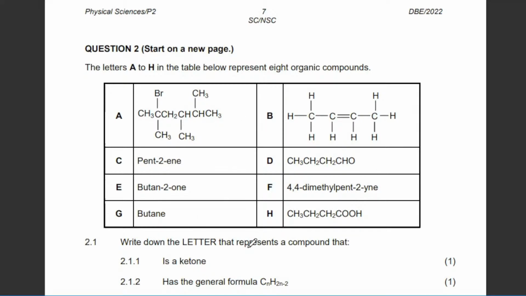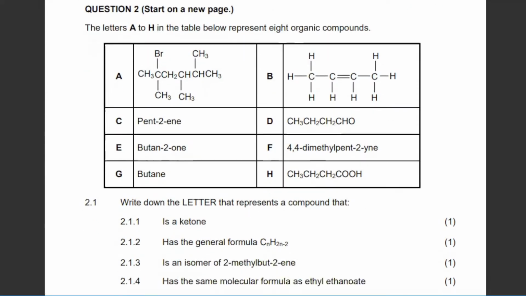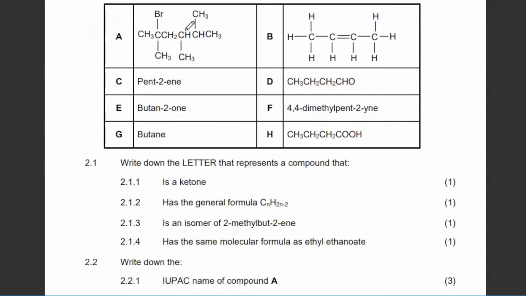Write down the letter that represents the compound. Before you start, you need to know how to classify all of them. For the purpose of time, we might not classify them now. Let's go to the question straight.